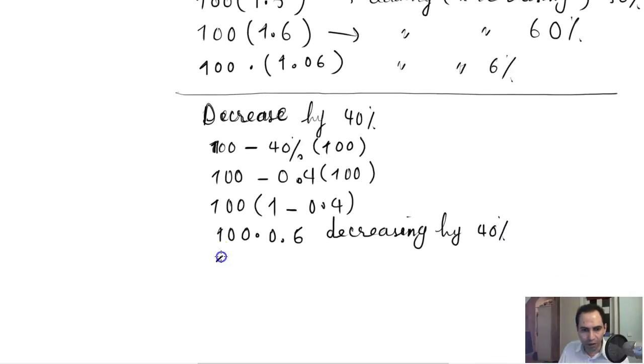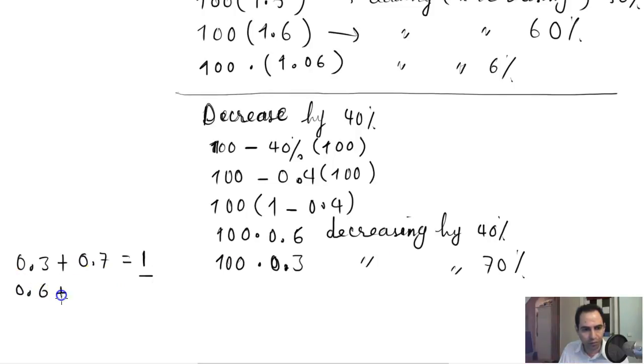If I multiply 100 by, for example, 0.3, I'm decreasing it by 70%. You just need to add them up, because 0.3 plus 70%, which is 0.7, is equal to 1. Again, 0.6 plus 40%, which is 0.4, is equal to 1 again, and 1 represents 100%.